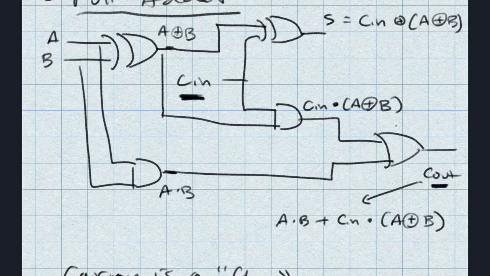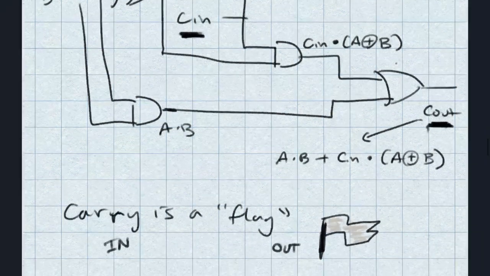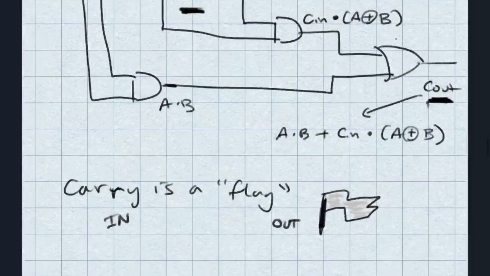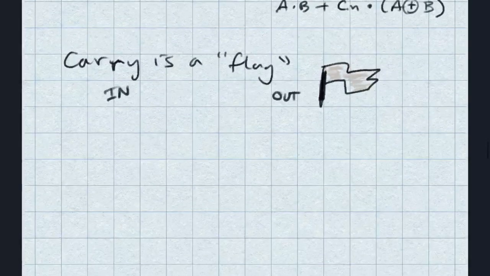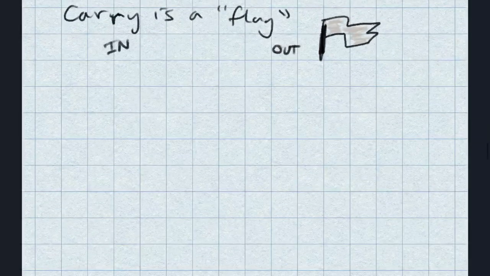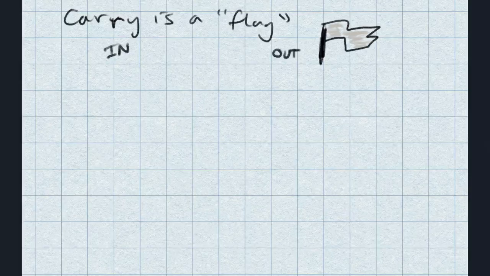Essentially I've got an input carry, and I also have an output carry, and then I have the sum. For the sum, we're doing the same thing, except we might be carrying information in. The carry out serves as a flag, again a signal to our embedded system that I've overflowed the amount of numbers that I'm able to use.